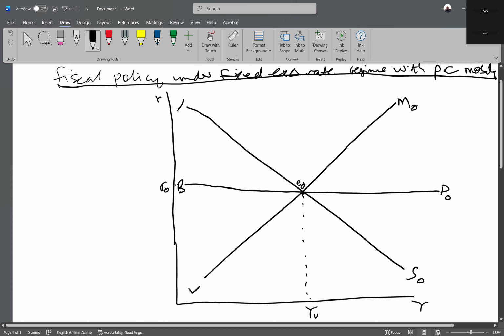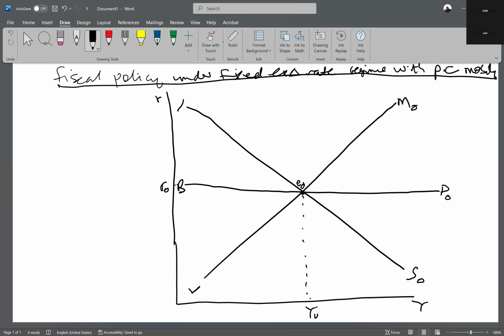We are saying fiscal policy. So fiscal policy, that's government expenditure. You can call it that way. We are saying the government is embarking on a rigorous fiscal policy aimed at boosting the economy. So fiscal policy lies on the IS curve.